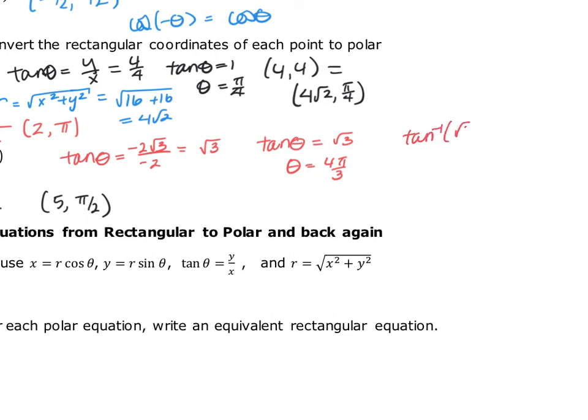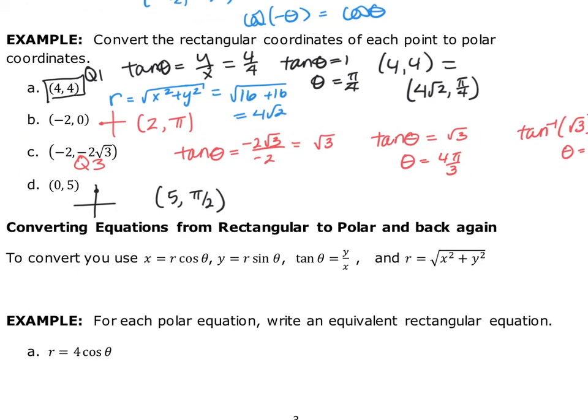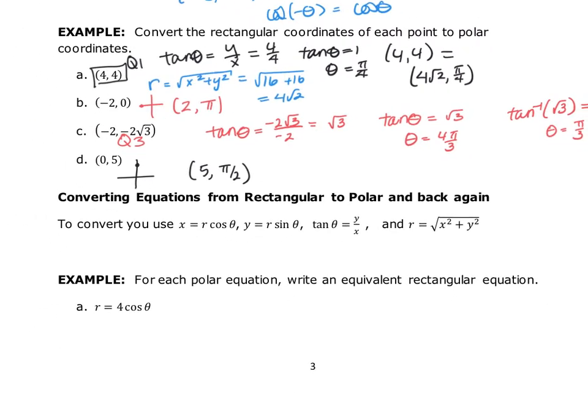If I did not know that, I could always do the tangent inverse. If I did the tangent inverse of the square root of 3 is equal to theta, because the tangent inverse is only defined in quadrants 1 and 4 with a negative rotation, this would have given me pi over 3 as an answer. However, I would then have to change that into the correct quadrant.